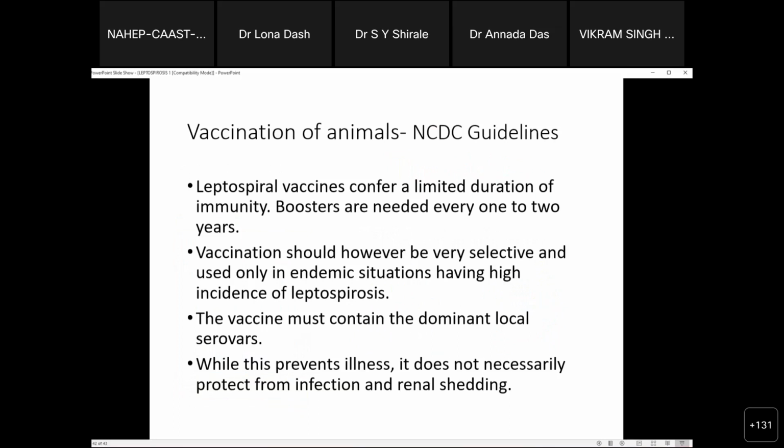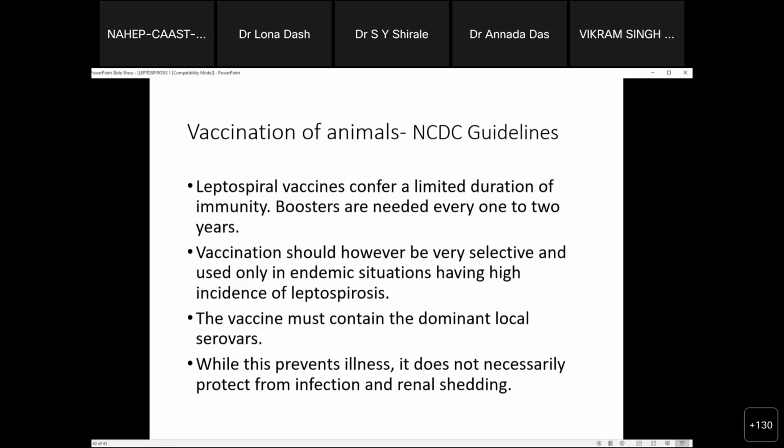When I visited in 2010 for an international workshop, it was the first time I actually saw the leptospira under dark ground illumination, which was very interesting because although many of our labs may possess a dark ground microscope, we do not actually get to see the leptospira.